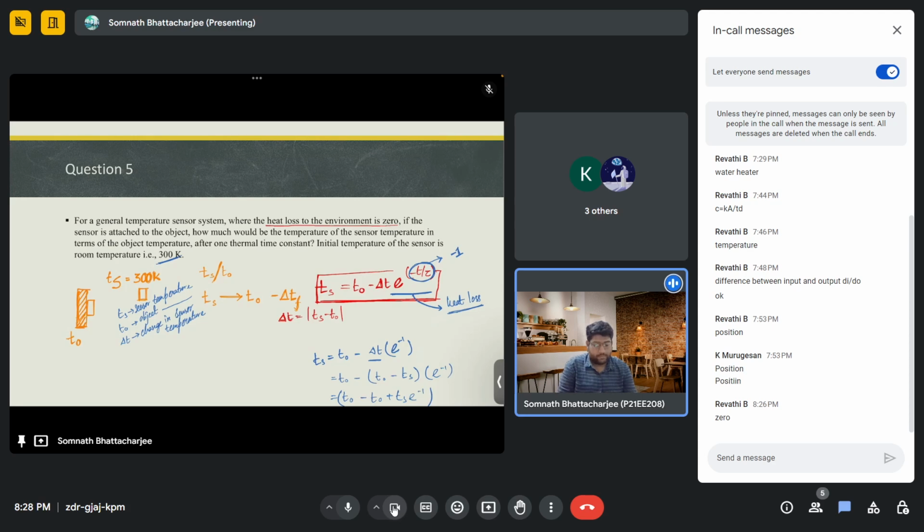So what will be the answer? Sorry, it should be e to the minus 1. So if we move here, the value of T naught would be 1 minus e to the power minus 1 plus Ts into e to the power of minus 1 is the new value of Ts.